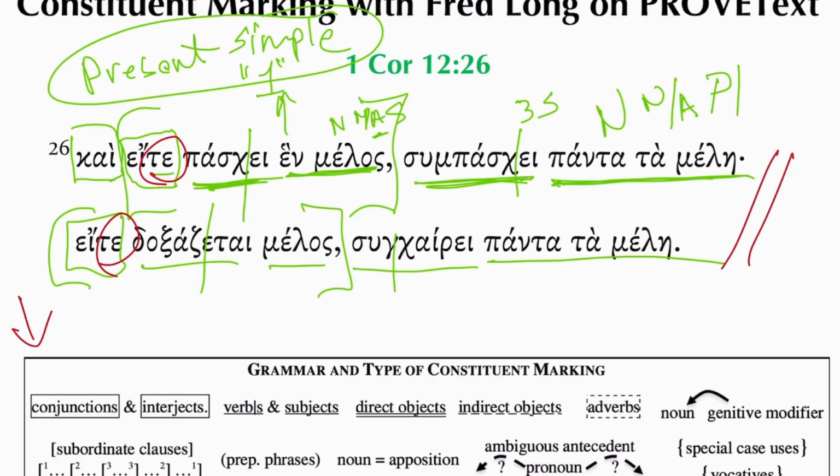If a member is glorified, all the members rejoice together. I keep wanting to add this en back down below because in the first protasis you have en melos, and then in the second you just have melos. But I think the en is kind of understood. So that's how I'd mark up this verse and translate it. And if you're enjoying this, let me know. Have any questions? Let me know.